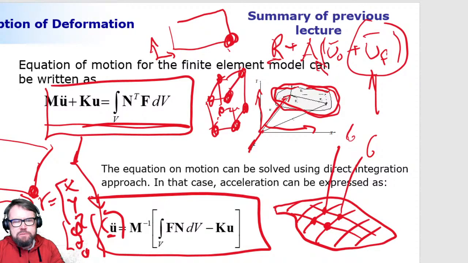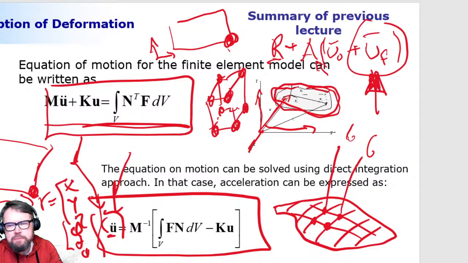All right, so I was explaining that solving the equation of motion as it is is not going to fly. It's not going to be a successful way to do it, simply because we have too many unknowns to solve. And you need to keep in mind that you have to solve these unknowns in every single time step, because you need to know the deformation in every given time.